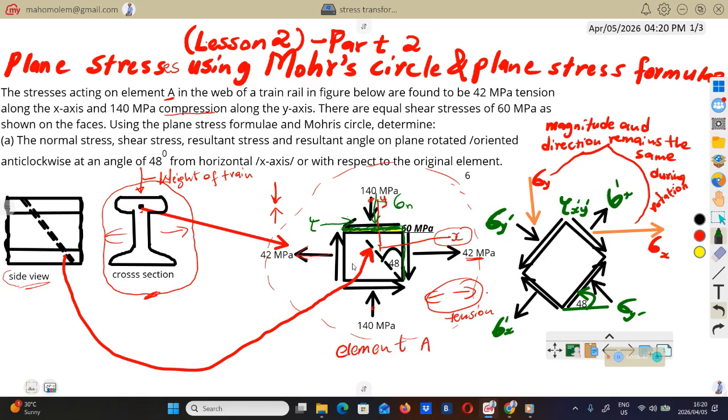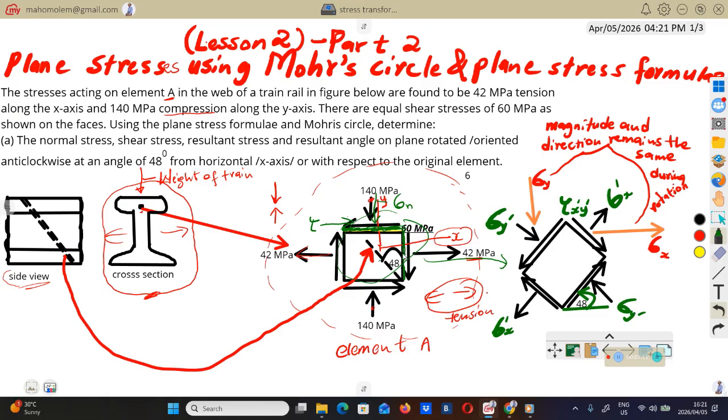What is going to happen here is that we are going to incline or rotate this element from here to there, by the given angle of 48 degrees in an anti-clockwise direction. Remember to check whether the element is rotated clockwise or anti-clockwise.